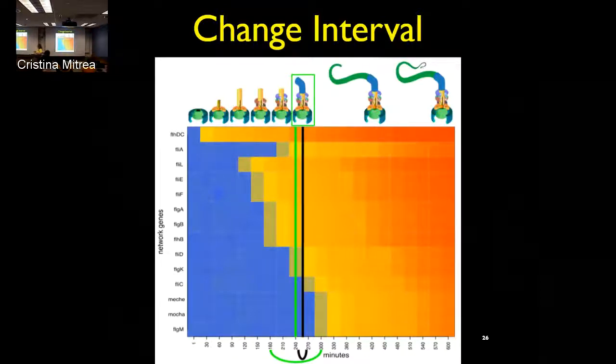So that means our change interval is a bit broader, but it contains the real change. If we had closer sampling, we would have gotten closer to the change interval.